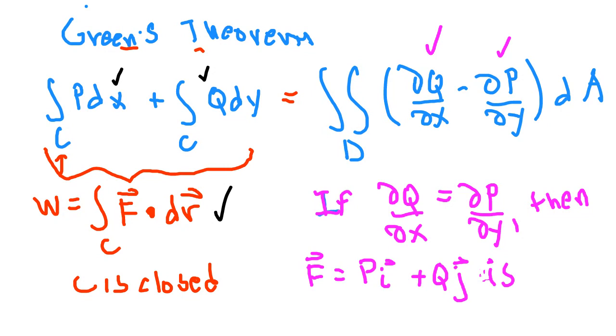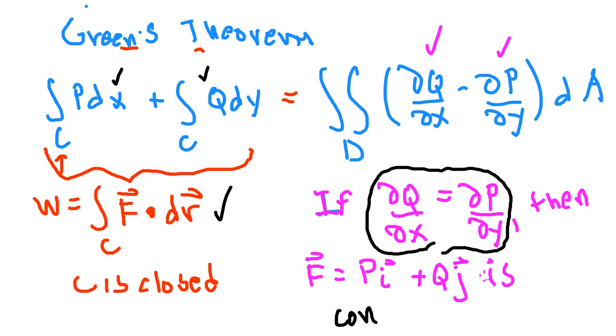What's this criterion used to show for a two-dimensional vector field? That's right, Noria. That's right, Lexi. The vector field F is conservative.